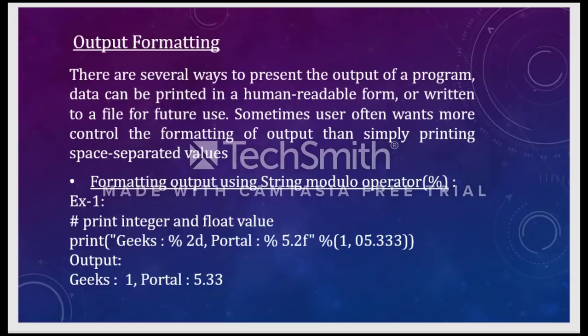One is formatting output using the string modulo operator, which is the percentage symbol. Let's see a small example where I want to print an integer and a float value.